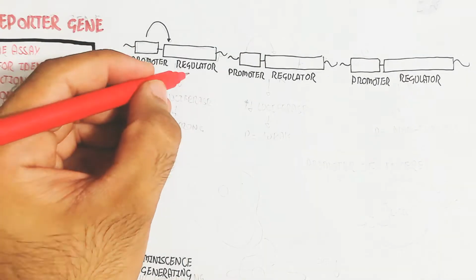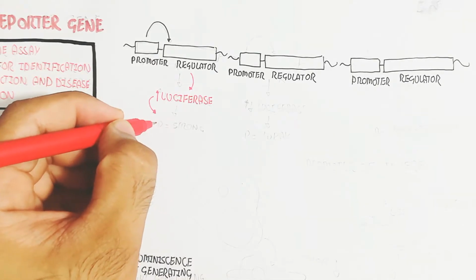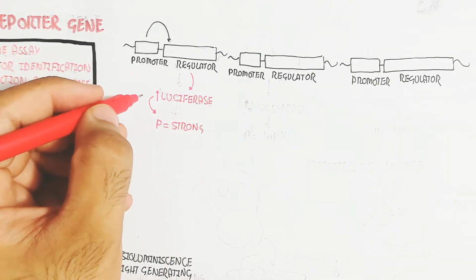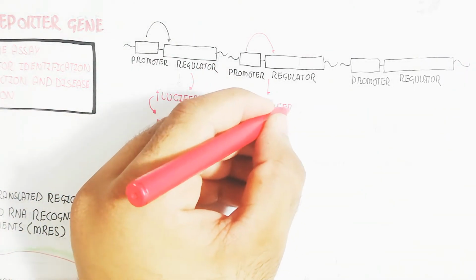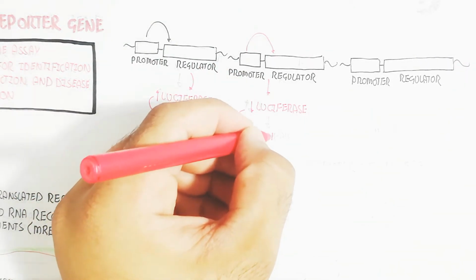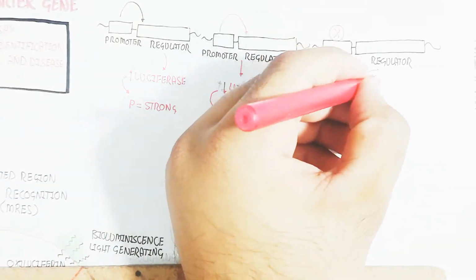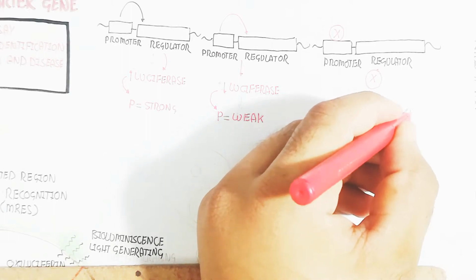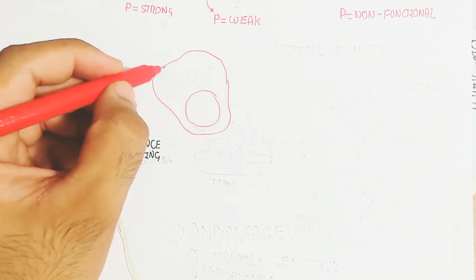But in this case, I am drawing again the promoter and the reporter in a different situation. For example, more production of luciferase means the promoter is strong. When luciferase decreases, it means a weak promoter, while if it is not produced, it means the promoter is non-functional.